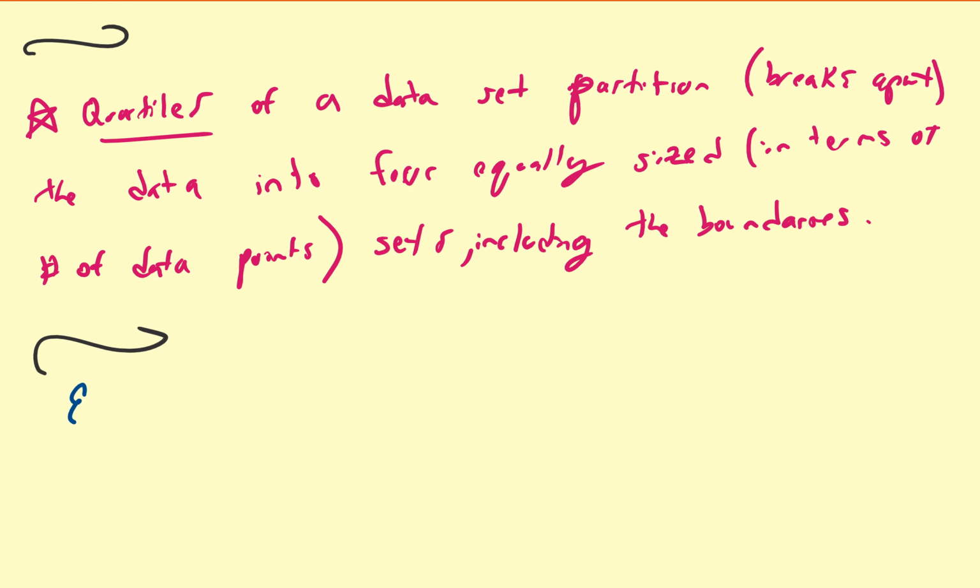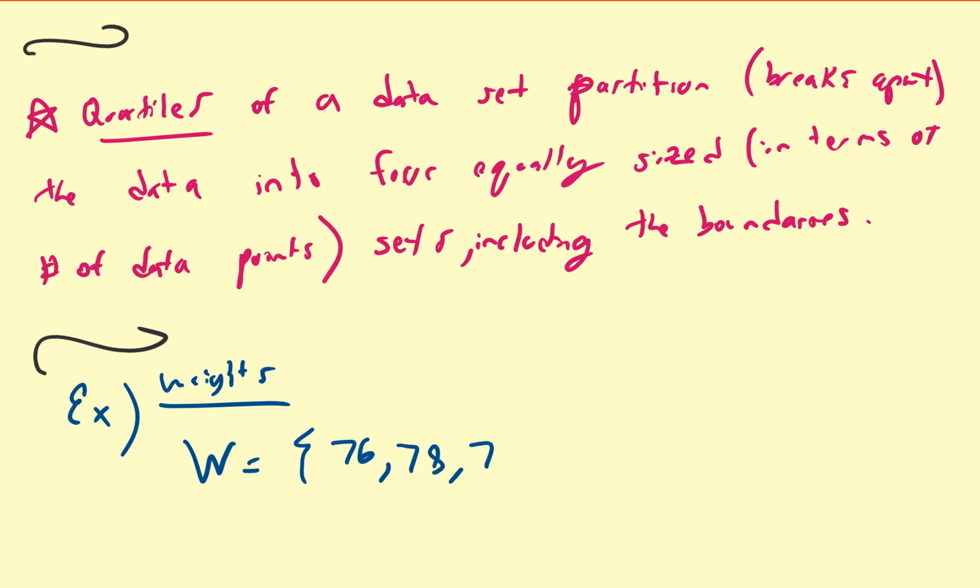So, as an example, suppose I have the weights for a set of people, and those weights are equal to 76, 78, 79, 79, 82, 83, 85, and 87.